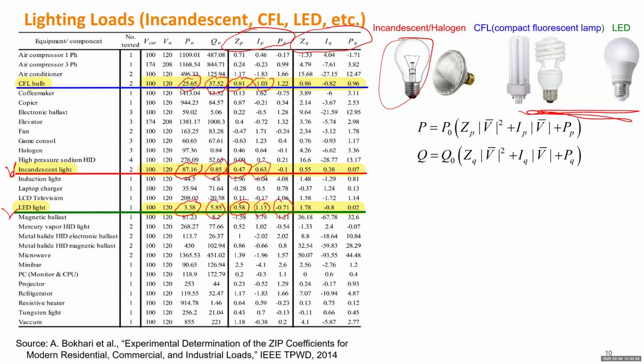You may feel those numbers look very strange. What does a negative constant power really mean? You can think about this observation in such a way. We use those polynomial functions, especially second-order polynomial functions, to fit how P and Q change with voltage for those very complex devices, right?